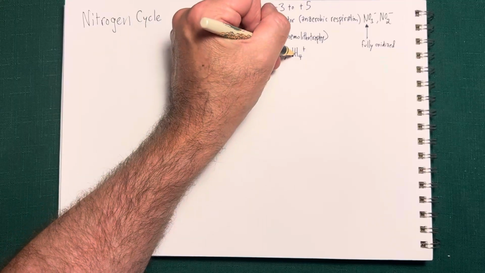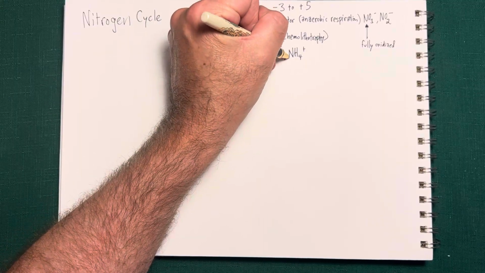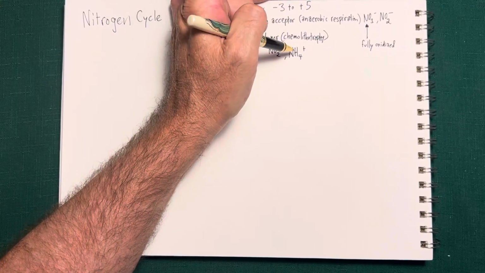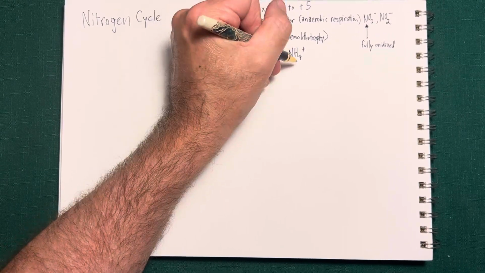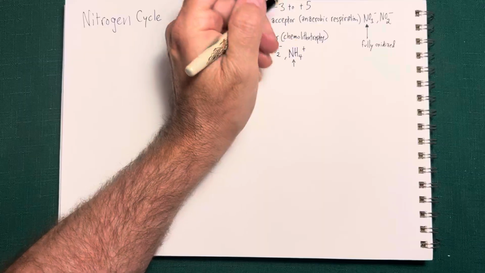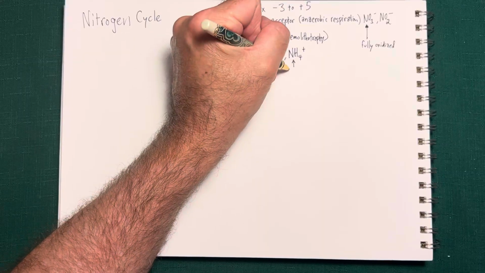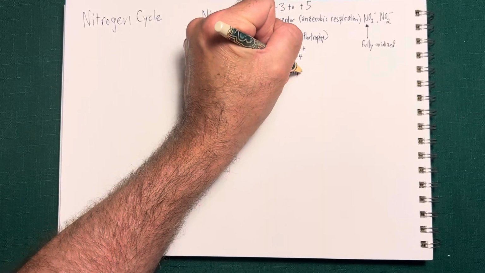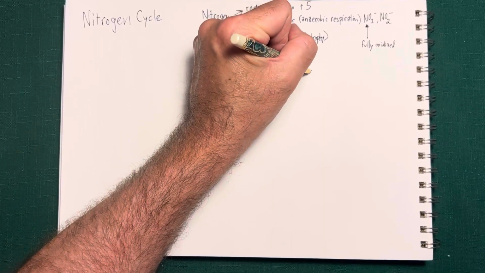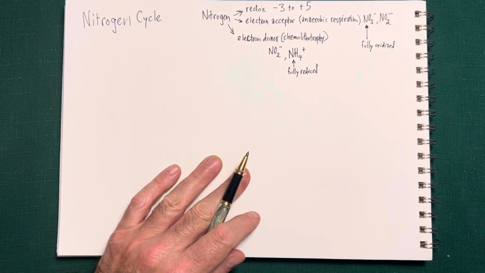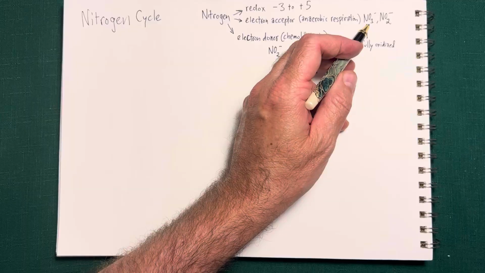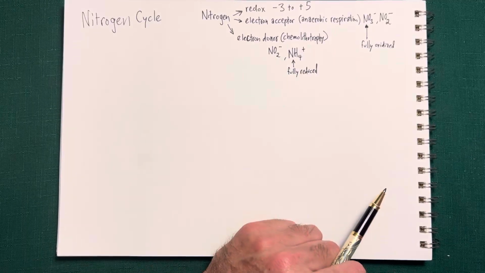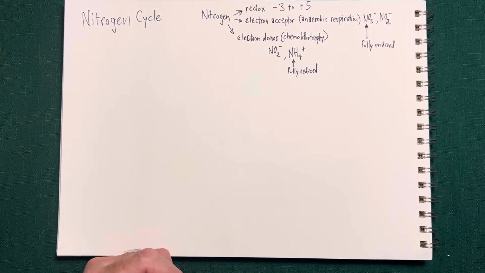And ammonium, you'll notice, has nitrogen with 4 hydrogen atoms and a positive charge. So in this state, nitrogen is fully reduced. That's the redox state of -3. The fully oxidized nitrate state, that's the +5. So that's a pretty big swing.